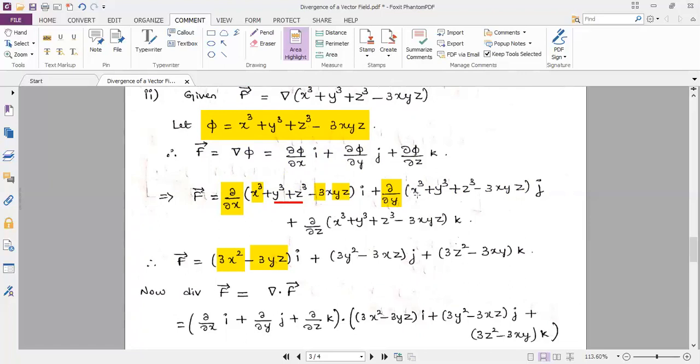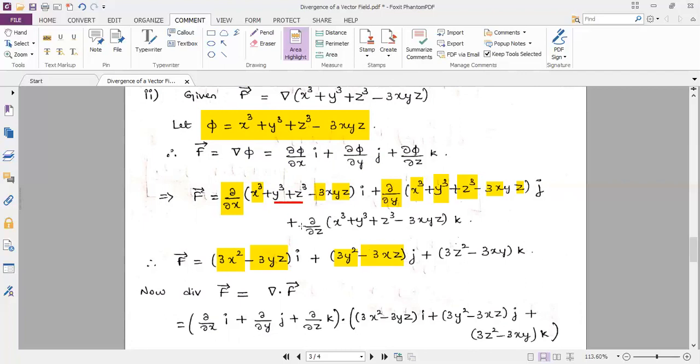So x cube plus z cube differentiation is 0. It's constant with respect to y. Differentiation of y cube is 3y square, minus 3 into xz is a constant with respect to y. So differentiation of y with respect to y partially is 1. So we have minus 3xz into j cap.